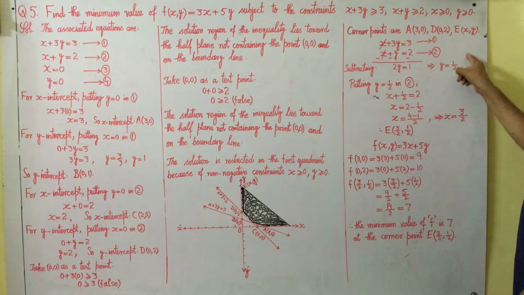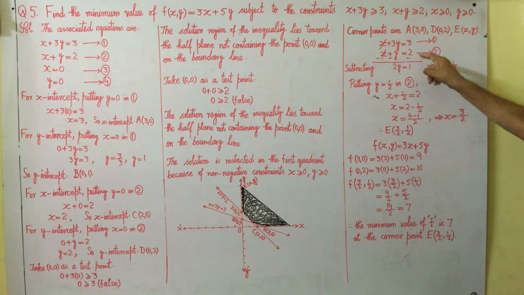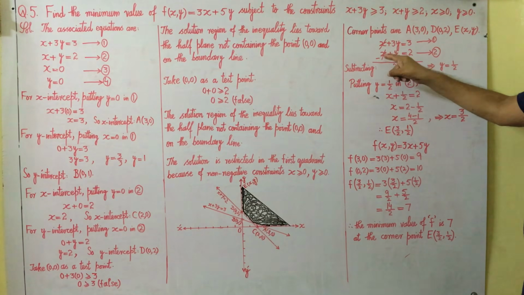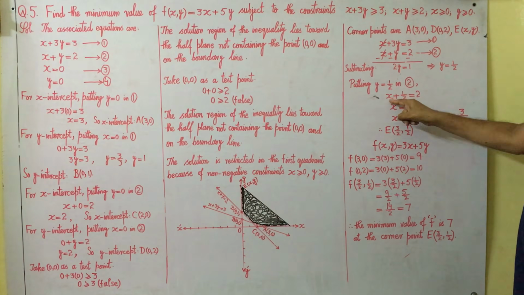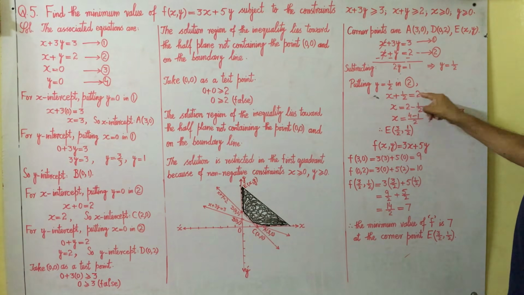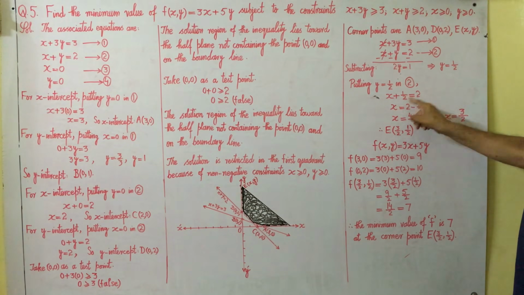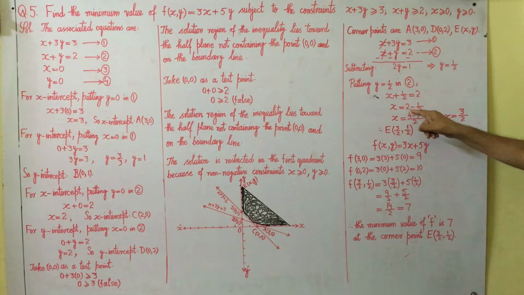Putting y = 1/2 in equation 2, you may put it in equation 1. x + y = 2, x = 2 minus 1/2, LCM is 2, 2 2s are 4 minus 1, implies that x = 3/2.